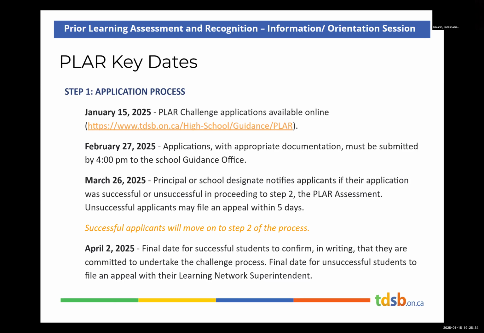Successful applicants will move on to step 2 of the process. So on April 2nd, 2025, this is the final date for successful students to confirm in writing that they are committed to undertake the challenge process, and the final date for unsuccessful students to file an appeal with their learning network superintendent.